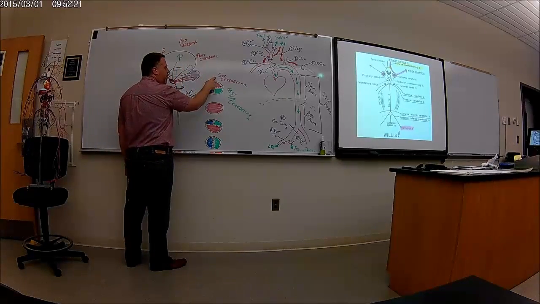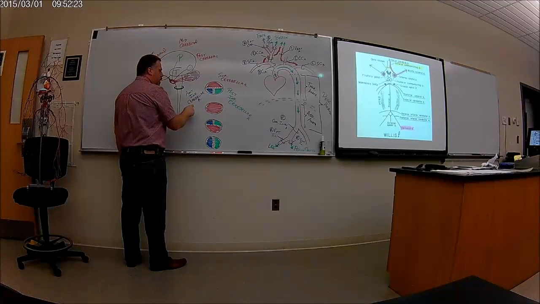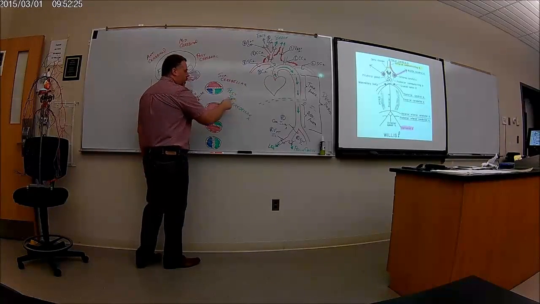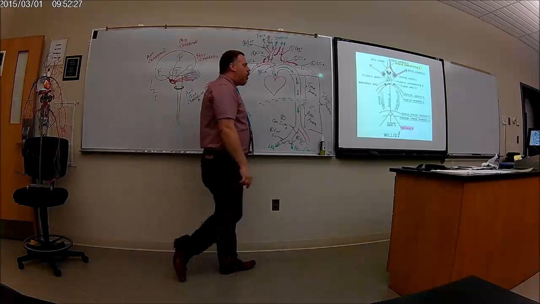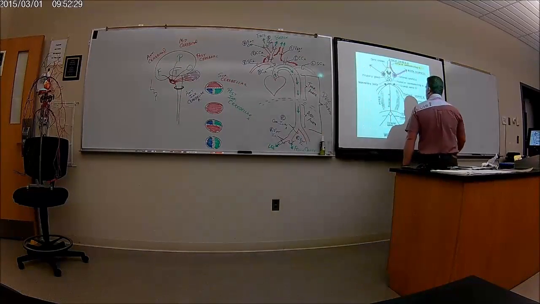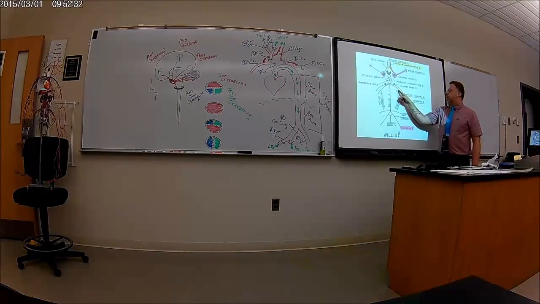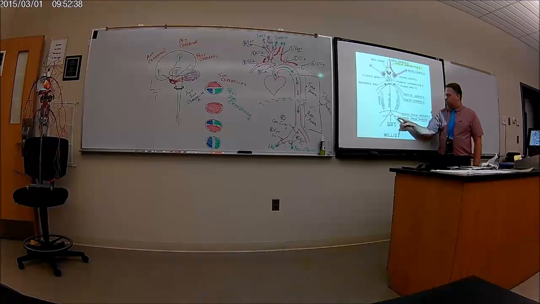The superior cerebellar, the anterior inferior cerebellar, and the posterior inferior cerebellar. Where are they here? The superior cerebellar comes off of here. The anterior inferior cerebellar is here. And the posterior inferior cerebellar comes off the back leg.